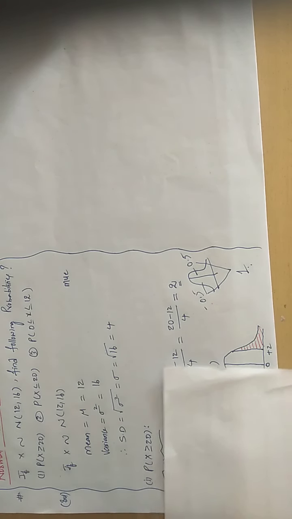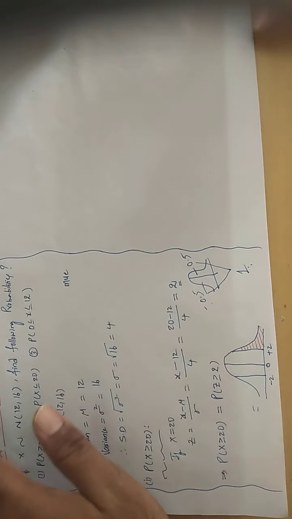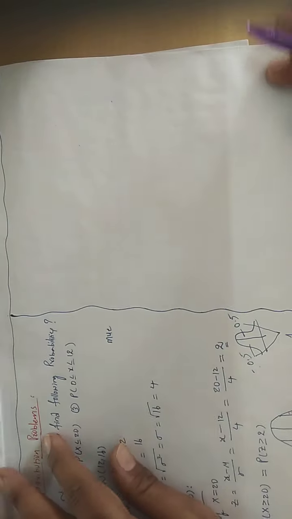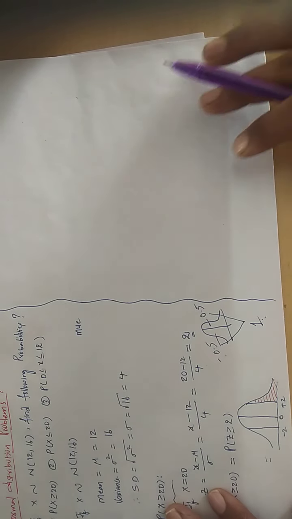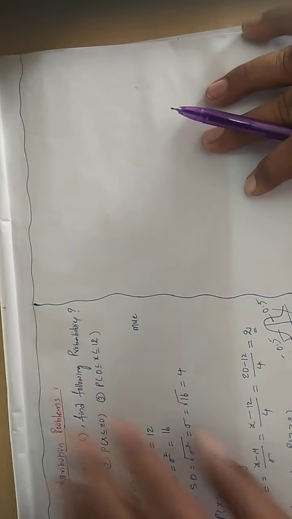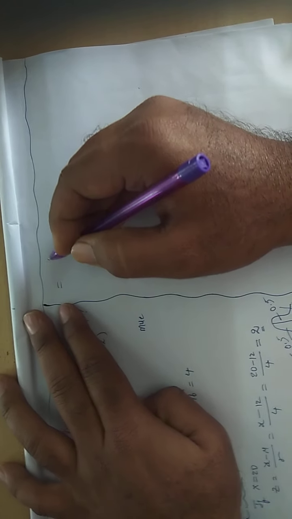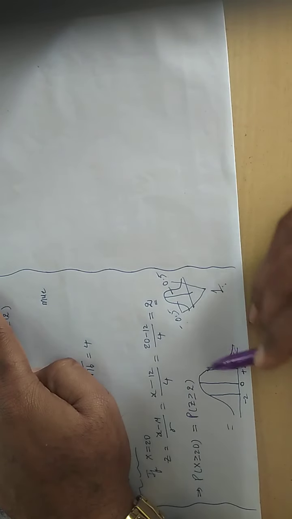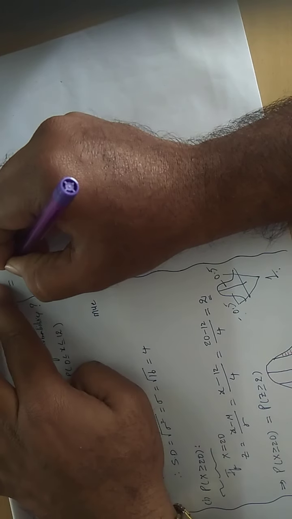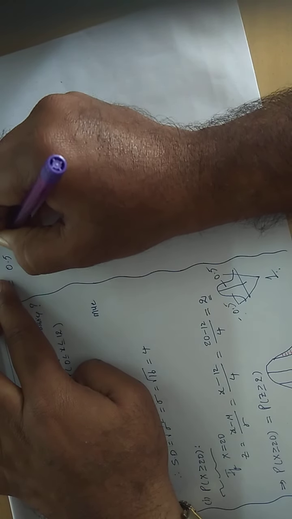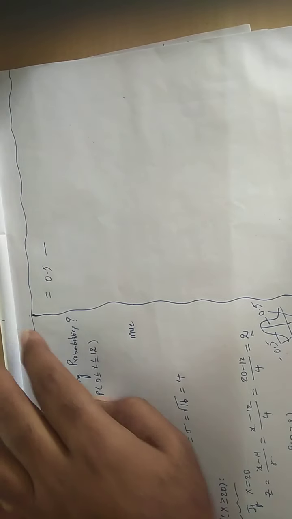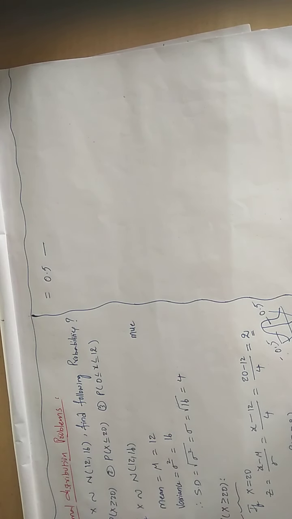So how to write that? All of you observe. The next step is a very, very important, connecting step. So what I am writing is that this is equal to the entire half area we know, 0.5, minus the probability up to this. The probability value is going to be from 0 to 2.